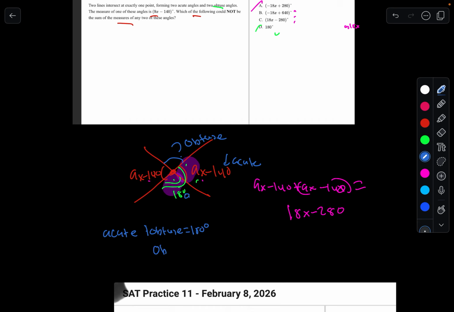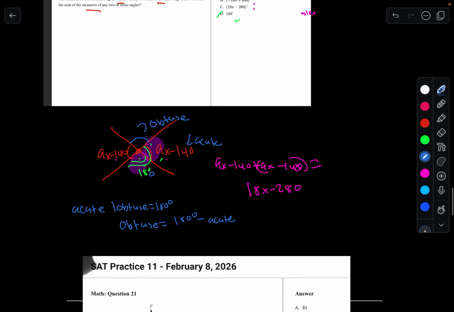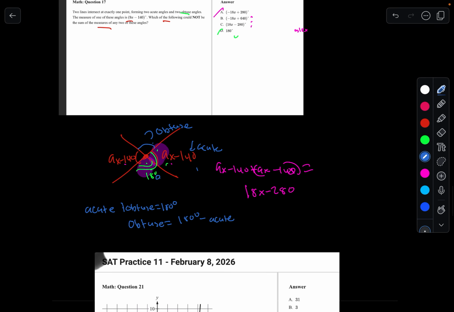The obtuse is equal to 180 degrees minus the acute angle. Okay, so let's plug in the acute angle. This is the acute angle. So obtuse is equal to 180 degrees minus, we're going to put parentheses, 9x minus 140.